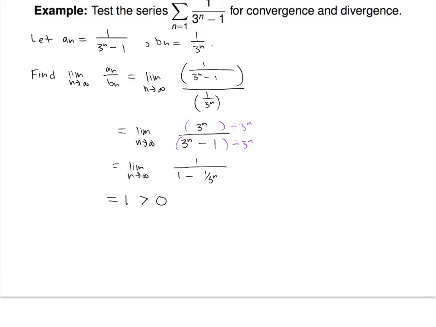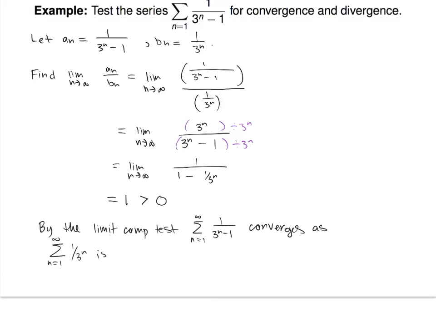So, by the limit comparison test, the sum n equals 1 to infinity, 1 over 3 to the n minus 1, converges as this guy is a convergent geometric series with r equal to 1/3.